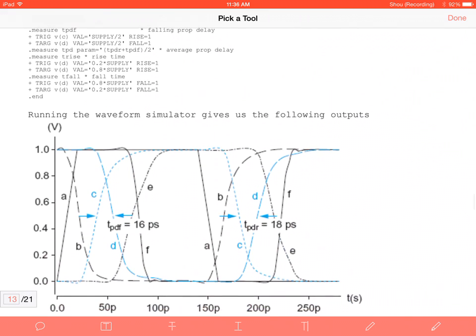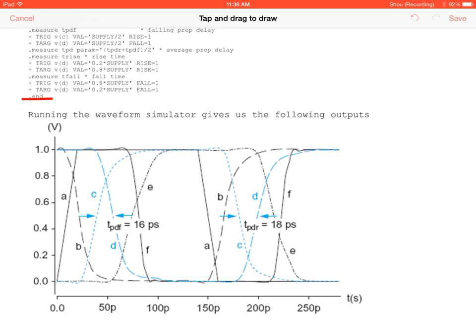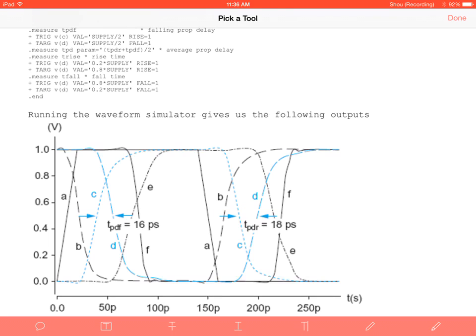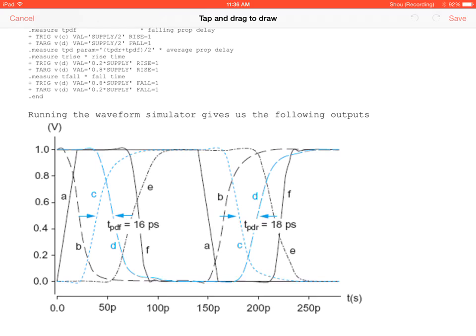So this is the actual response when you run the simulation, just keep the .end there because we used option.post. So here, this is actually a simulation of all of our nodes. This is kind of our A and B, right?